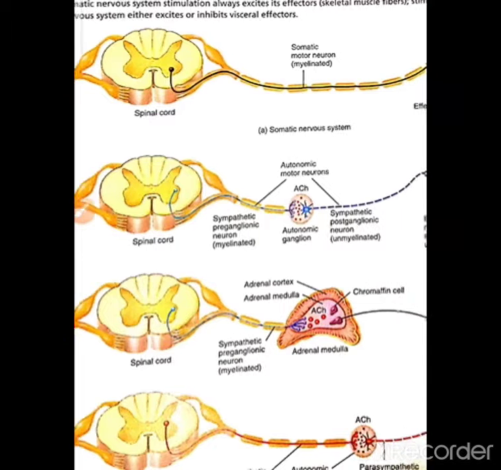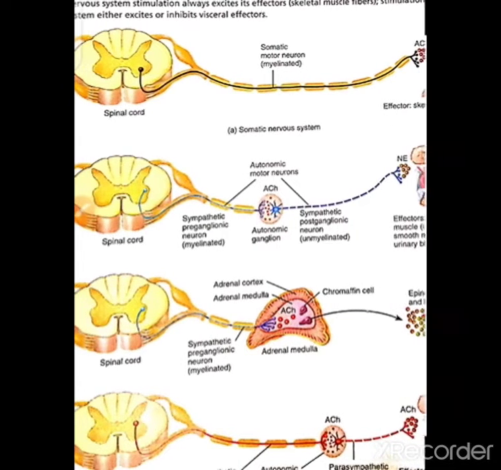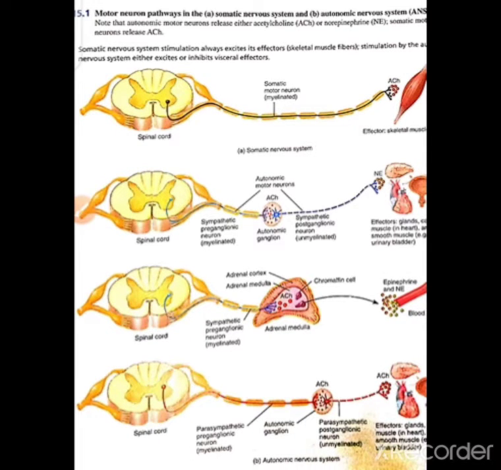Autonomic motor neurons release acetylcholine or norepinephrine, and somatic motor neurons release only acetylcholine.